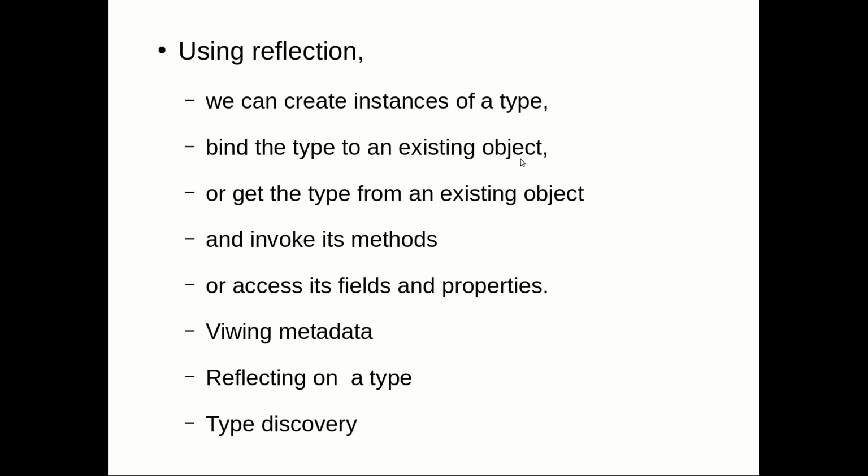Or even you can get the type from an existing object, or you can invoke the methods, or you can access the fields and properties of a particular class. You can view the metadata, or you can reflect on a data type, or you can even do the type discovery. So these are some of the things that I can do with the reflection object.